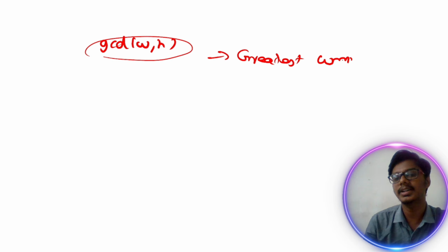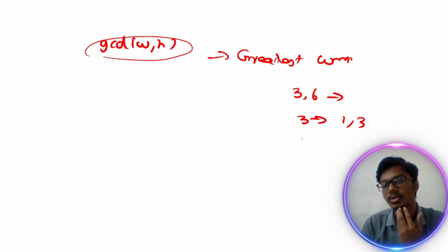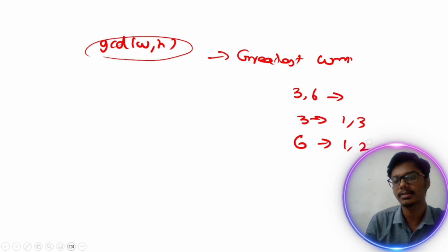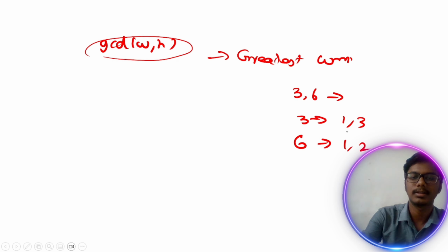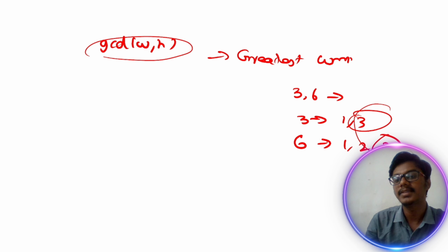The greatest common factor is 3. So the greatest common factor of the first rectangle is 3.